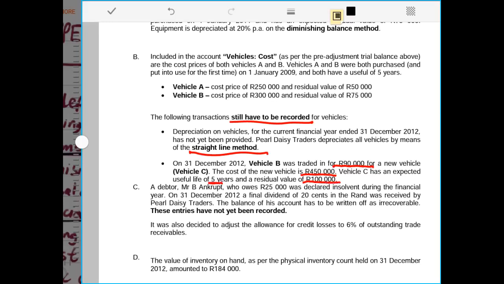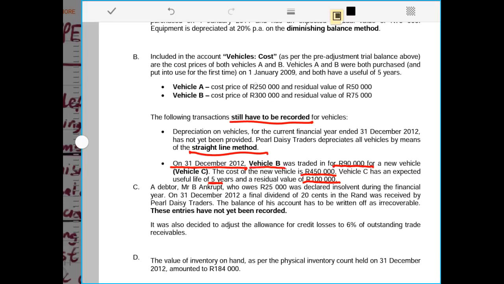Now take note of the date of this transaction: the 31st of December 2012. Remember, 31st of December is the end of the current accounting period. It means that at the end of the year, motor vehicle B was sold.